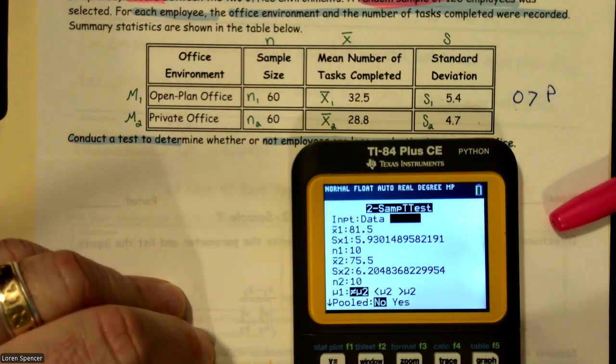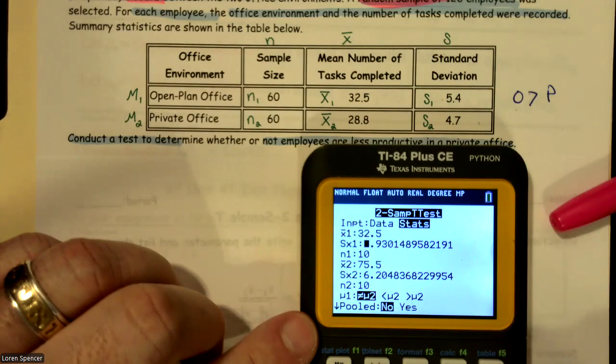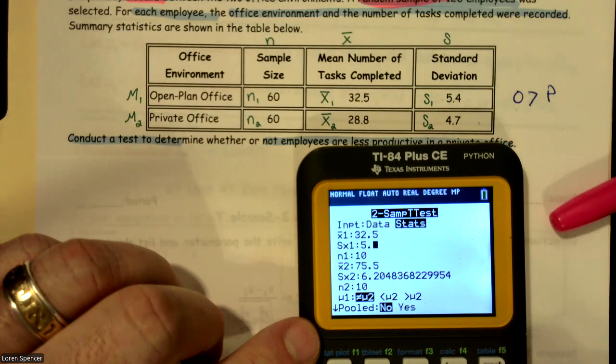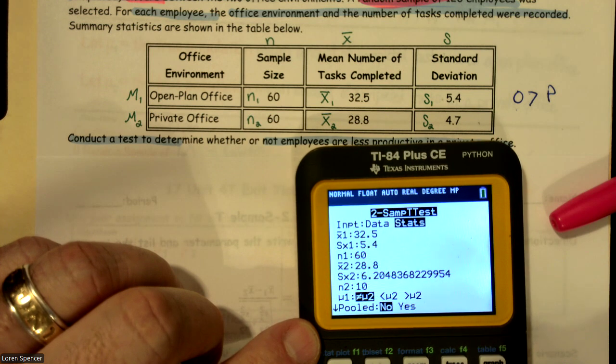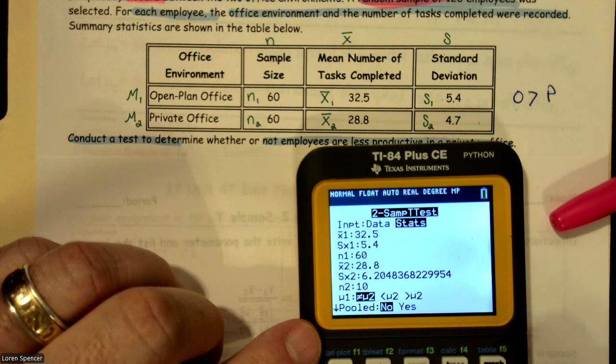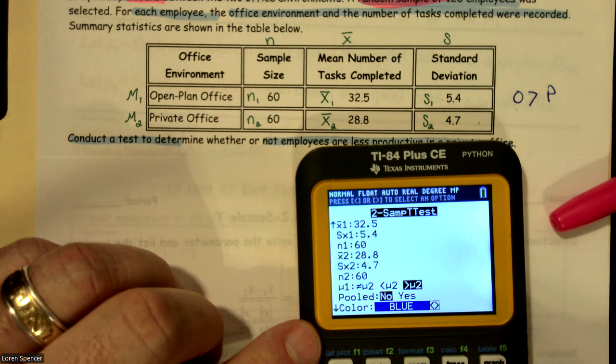And we have statistics this time, and we're plugging in 32.5, sample standard deviation of 5.4, sample size of 60, sample mean of 28.8, sample standard deviation of 4.7, sample size of 60, and we said greater than, and we never pool.